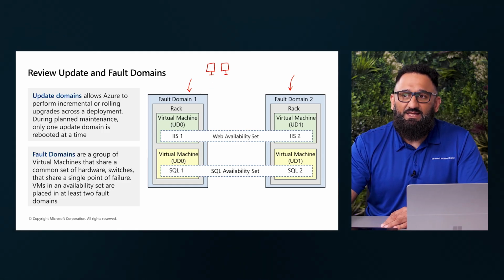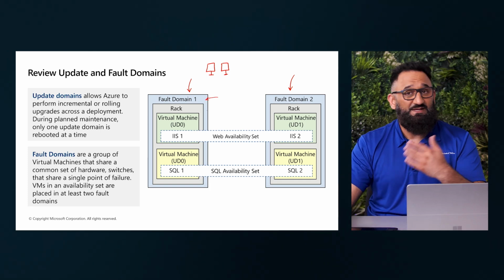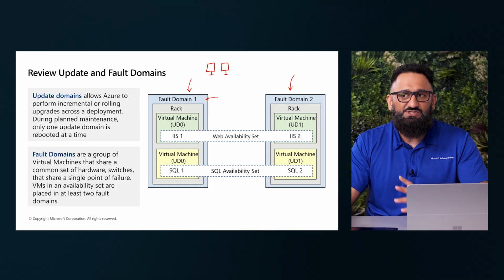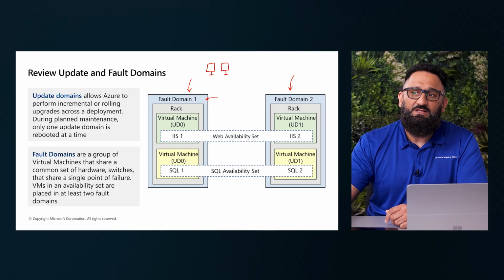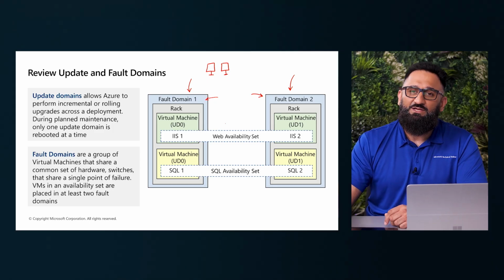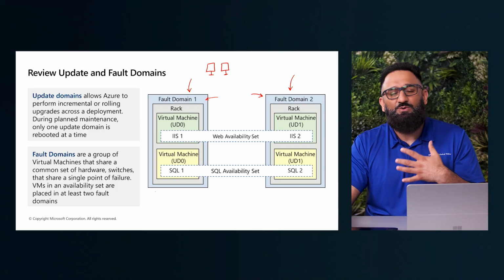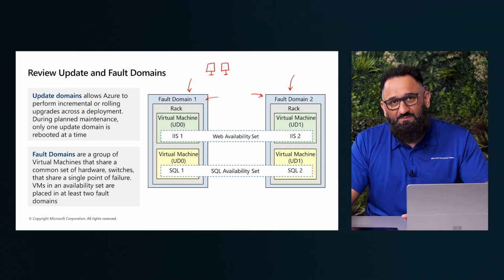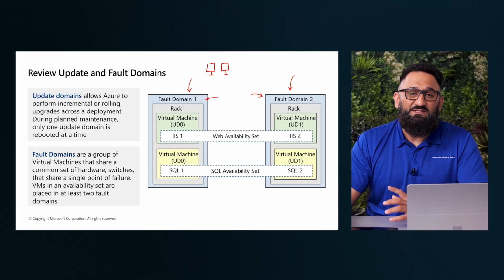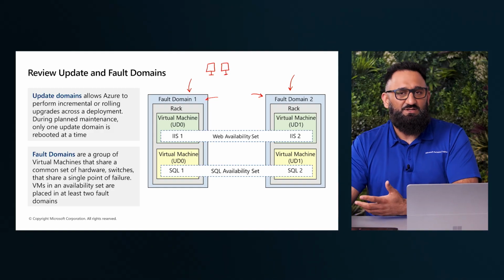In this case, that simply refers to a rack that has its own independent cooling, power, backup supply, networking connections, and all sorts of different things that you can imagine, as compared to another rack that's on a completely different fault domain. So if there was any issue to do with power, cooling, networking, or any other hardware level issue, it doesn't impact other resources that are running.